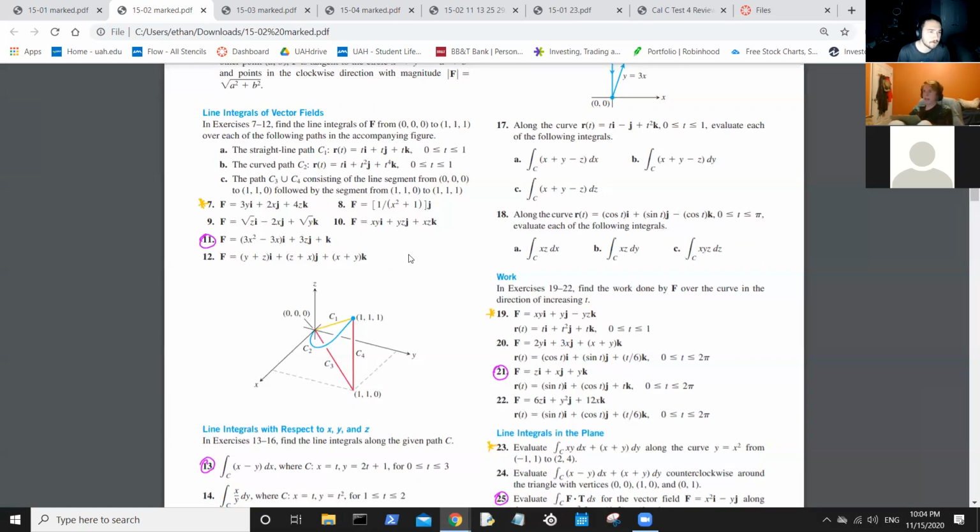For a problem like this, on the test he'll give you your function f, and then give you one or two paths, and you'll have to prove that they end in the same spot.